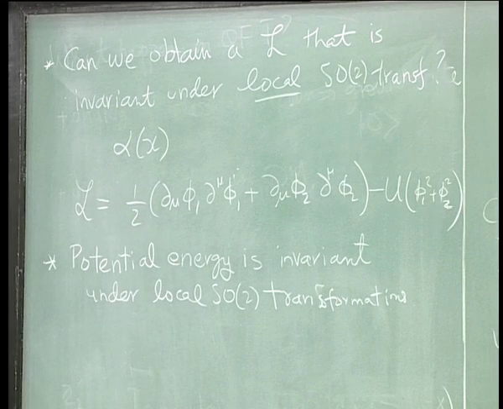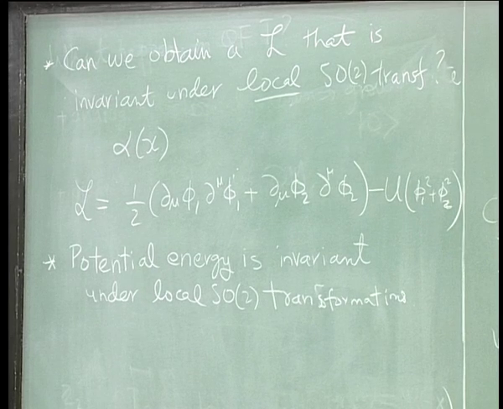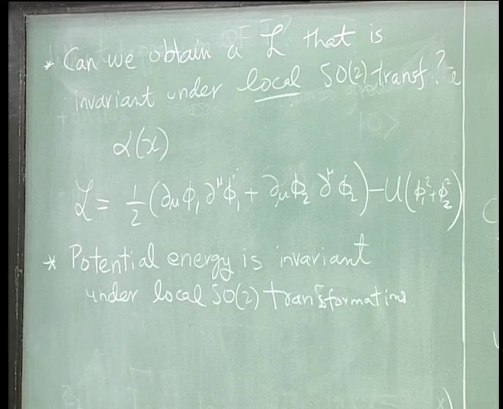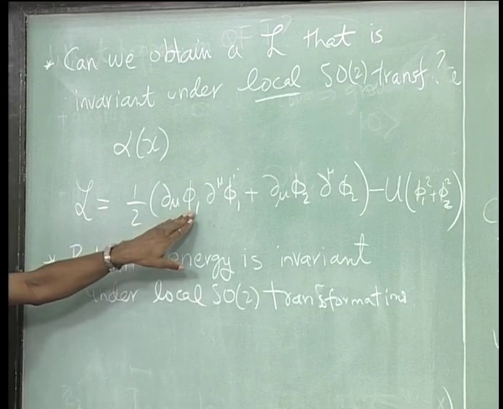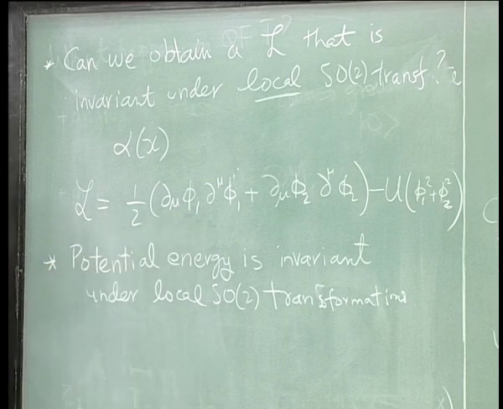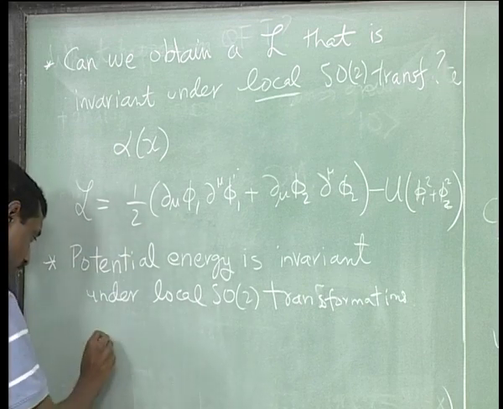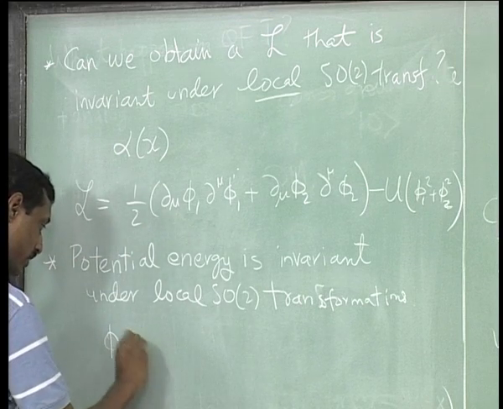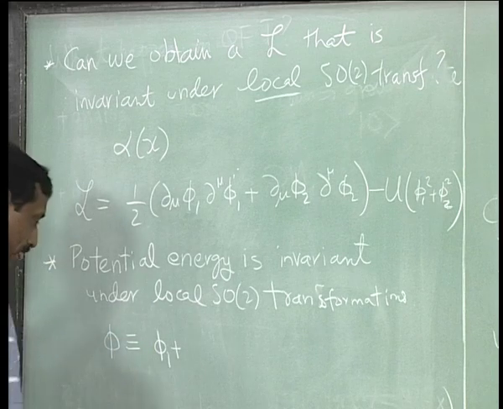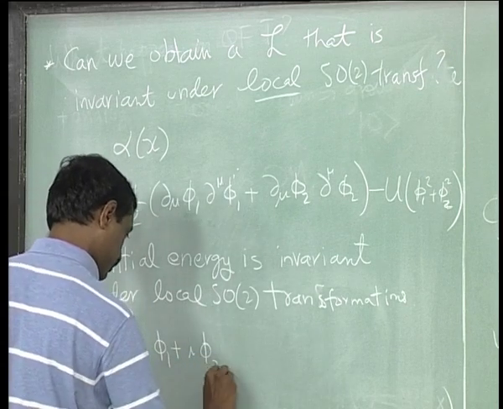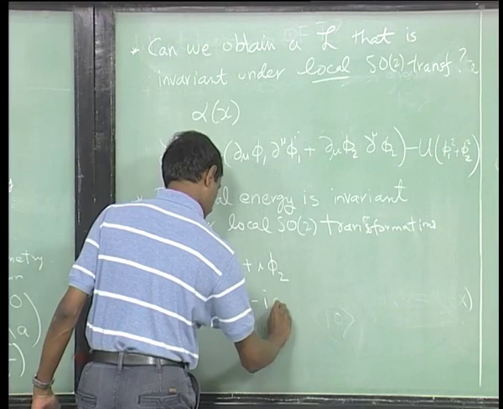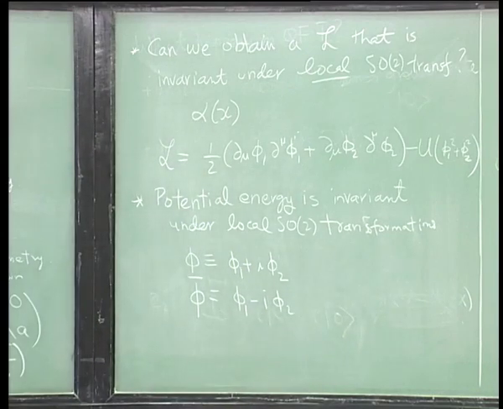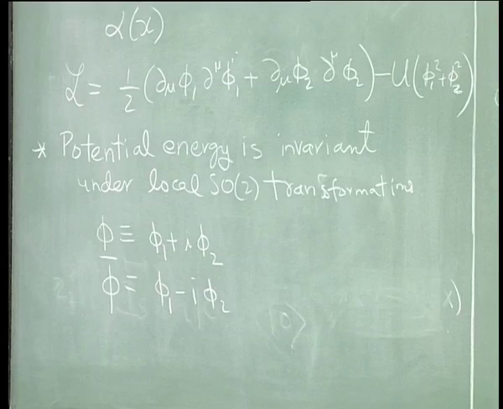Now it is no longer invariant, and what I am going to do now is make a slight change in notation, which is to work with complex fields rather than real, just for convenience, and you will see. Let us define phi to be phi 1 plus i phi 2, and define phi star or phi bar as phi 1 minus i phi 2, and I need to write out how this transforms.